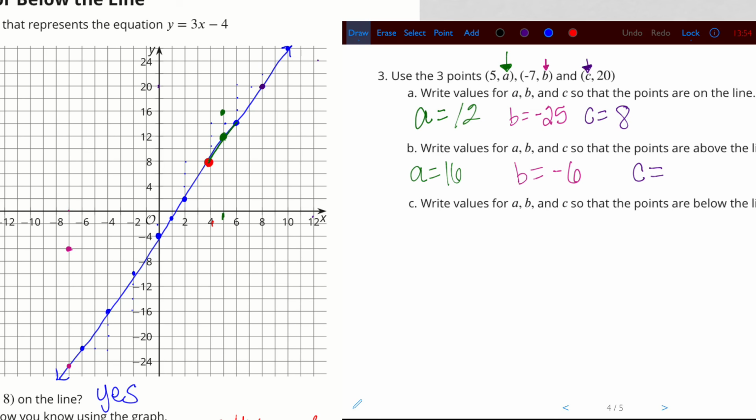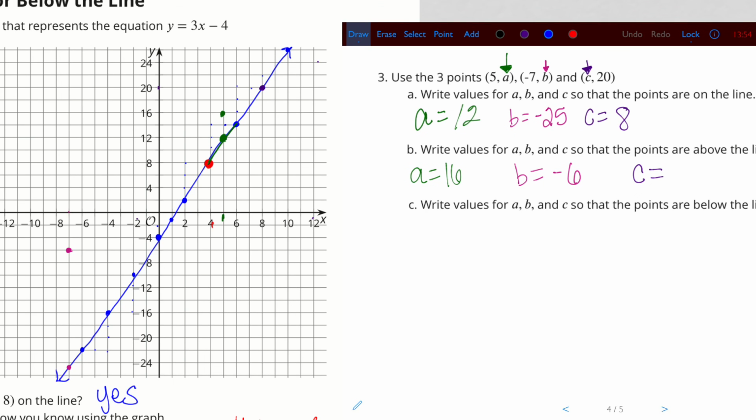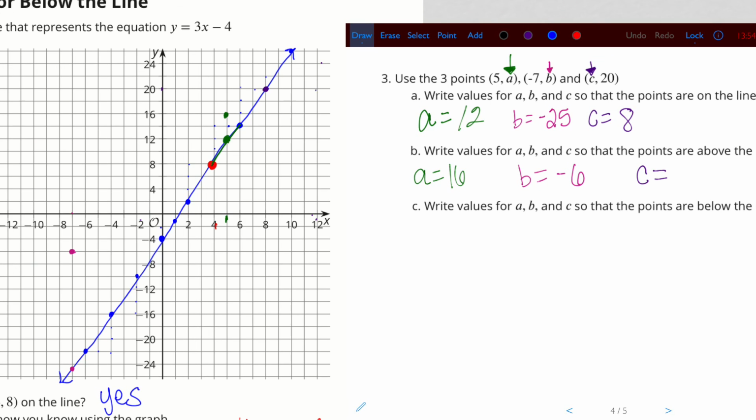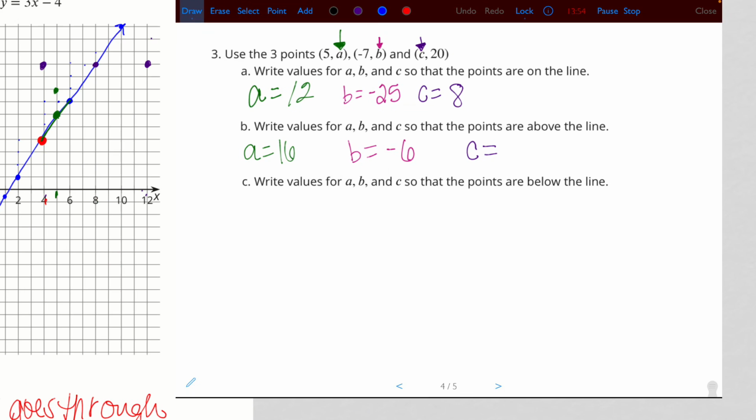We're looking for our x value down here. So we need our x value to be 12, 20 is right here. Is that above the line? Oh, I see. It is above the line.